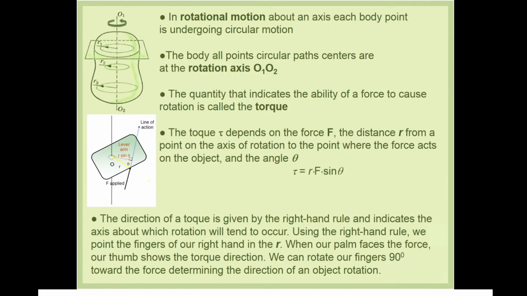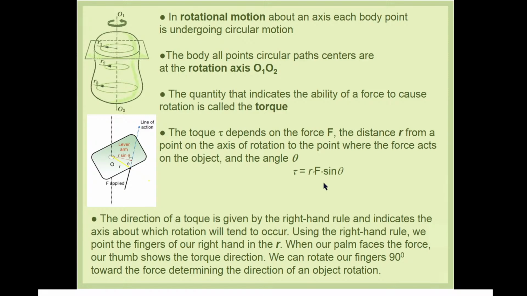The torque depends on the force, the distance from a point on the axis of rotation to the point where the force acts on the object, and the angle between these two lines. This is illustrated here, and the formula to calculate this force characteristic is given as this analytical equation.